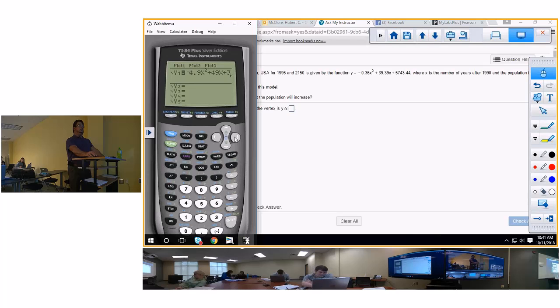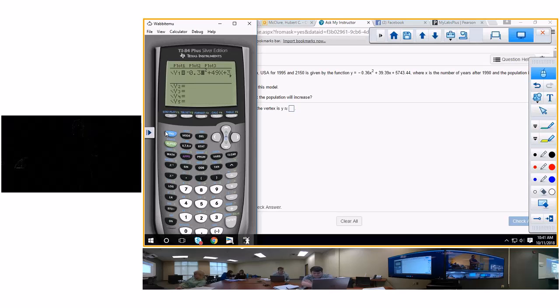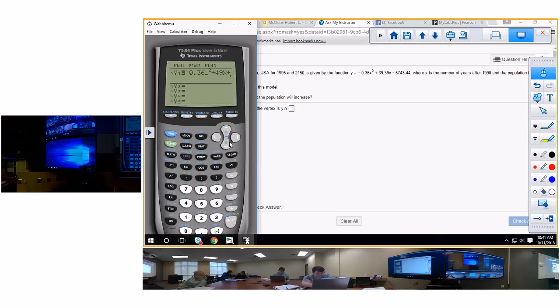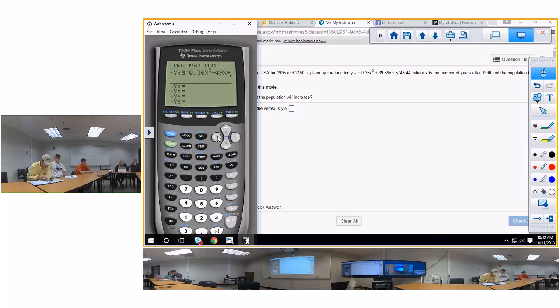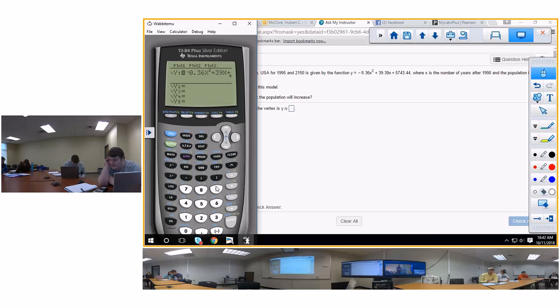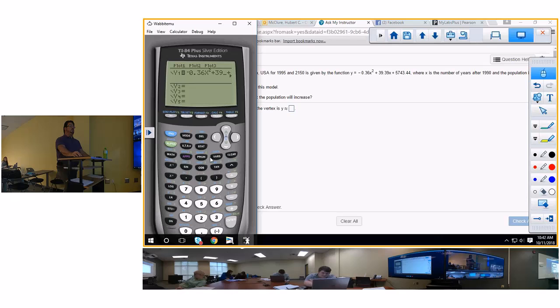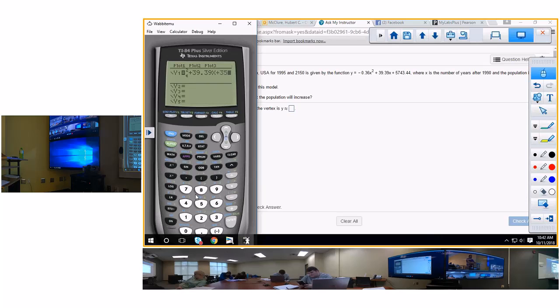There. Negative 0.003, insert 6x squared plus 39.39x plus 5743.44.